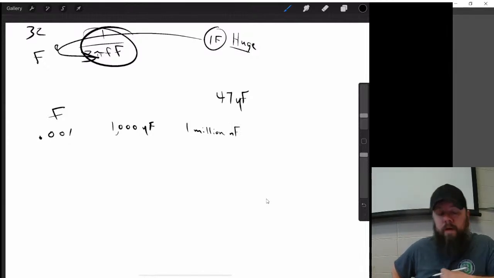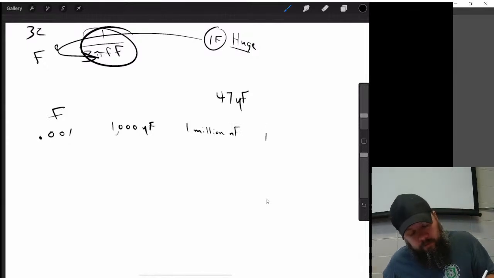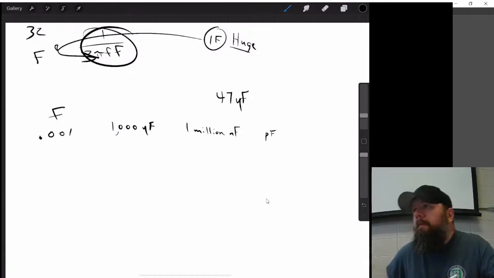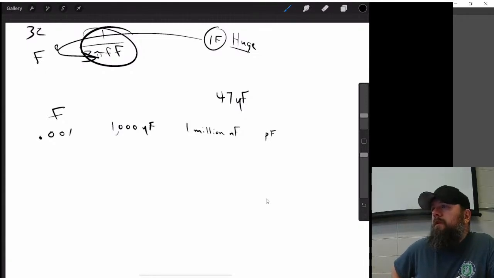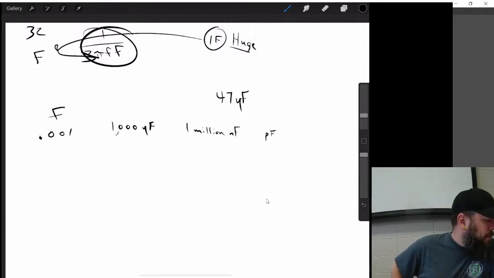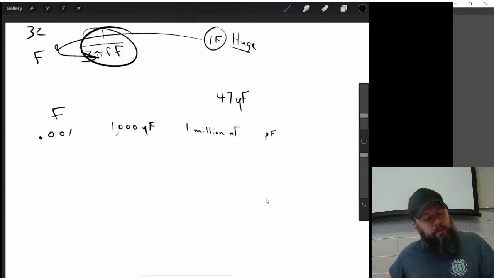Okay, we go down to picofarads, which is a billionth of a farad, or a trillionth. Add 3 more to that, but see, we're only at 0.001.